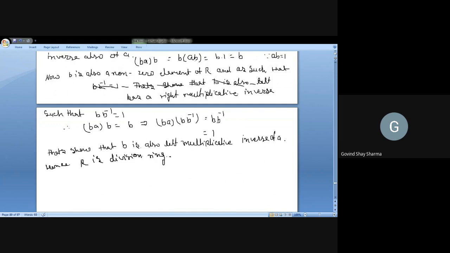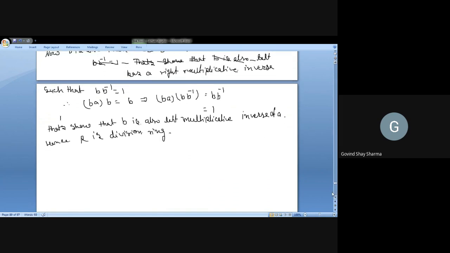Now, one more theorem. Let S be an ideal of ring R with unity.